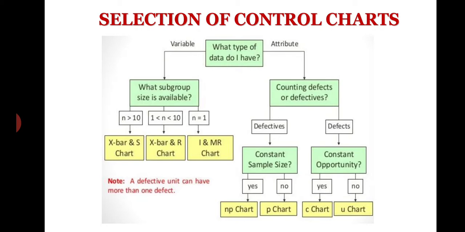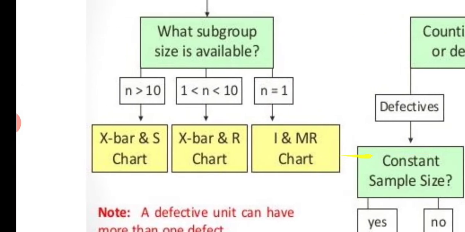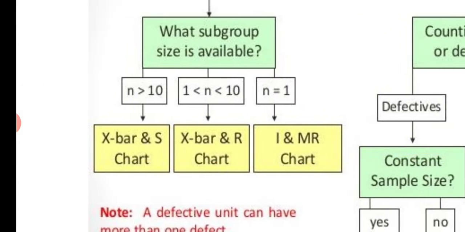Based on that you will decide whether to go for X bar and R, X bar and S, or I and MR chart. For your syllabus we need to discuss only X bar and R chart, and the subgroup size for X bar and R chart will be between 1 and 10. In the problem we previously discussed, our sample size was 4, which lies between 1 and 10.